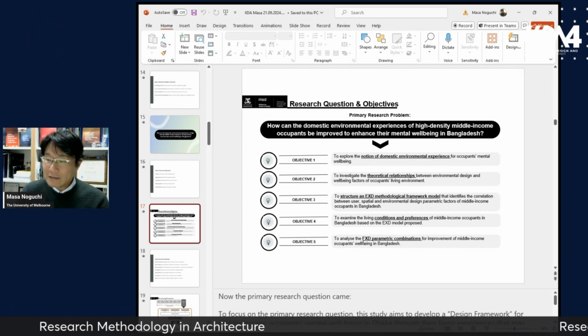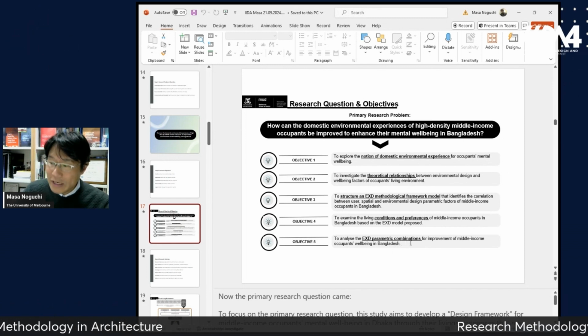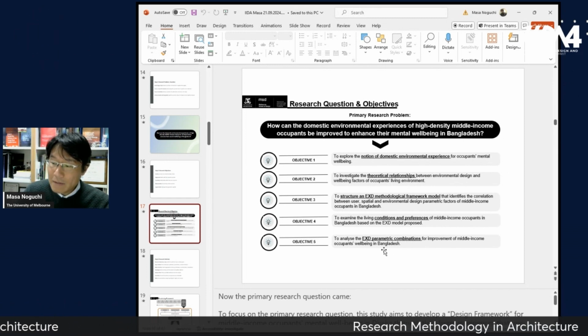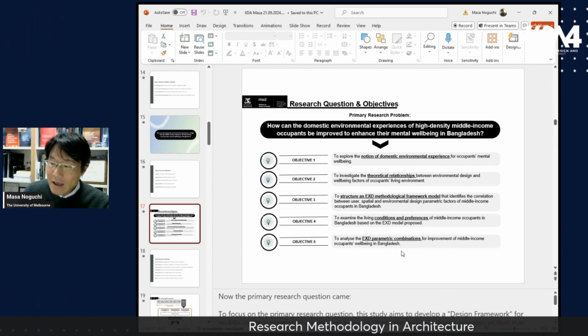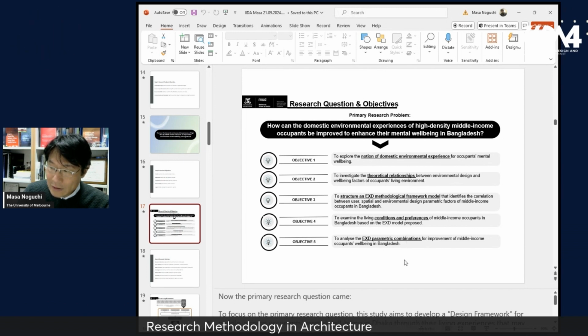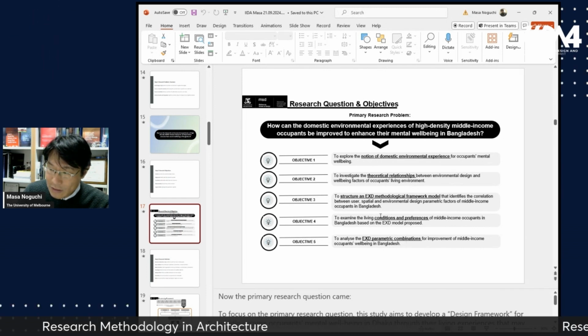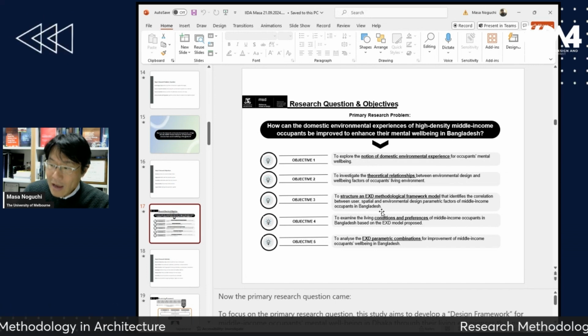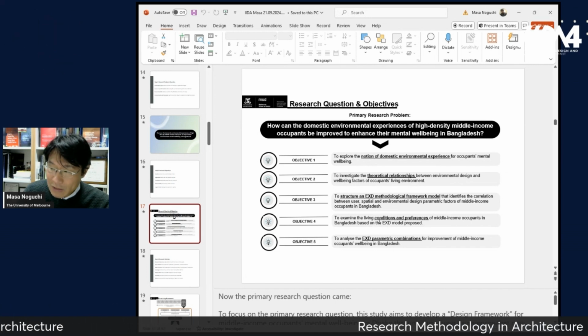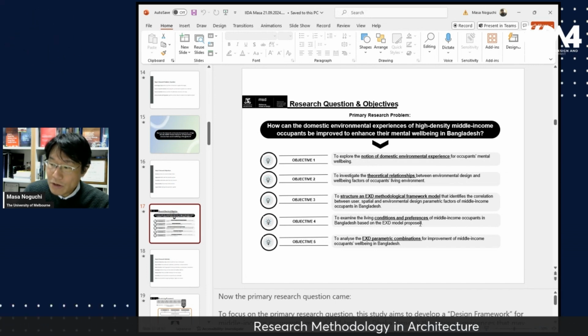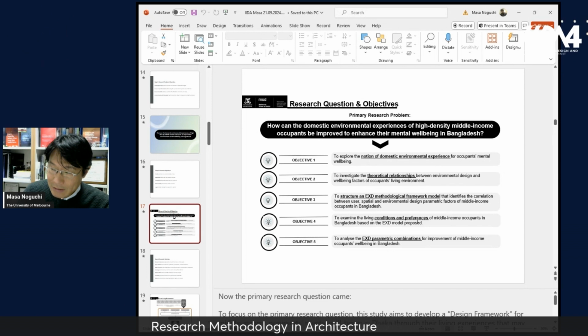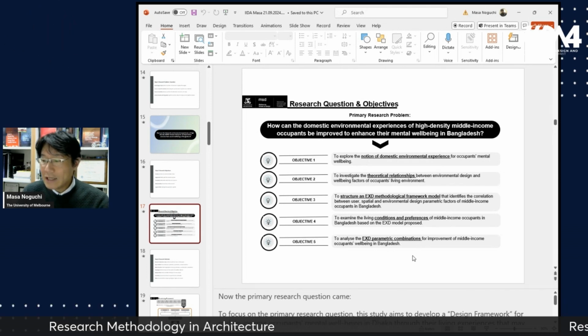Objective five is to analyze the EXD parametric combinations as to today's physical conditions, today's mental satisfaction level, and the future preference that users identify.